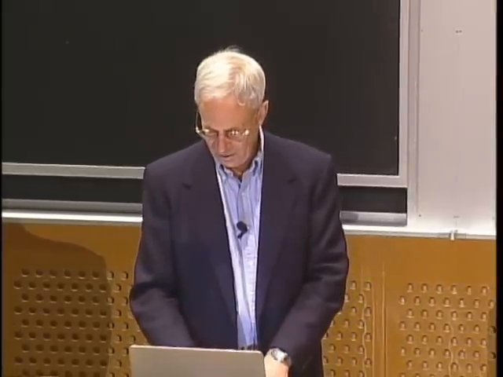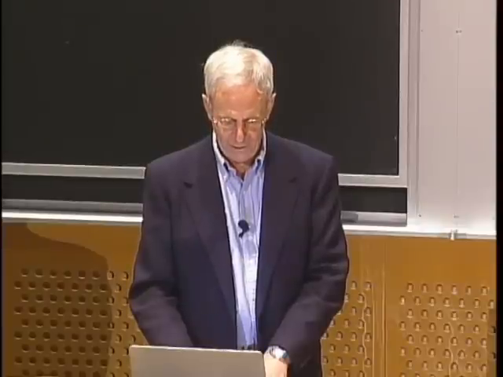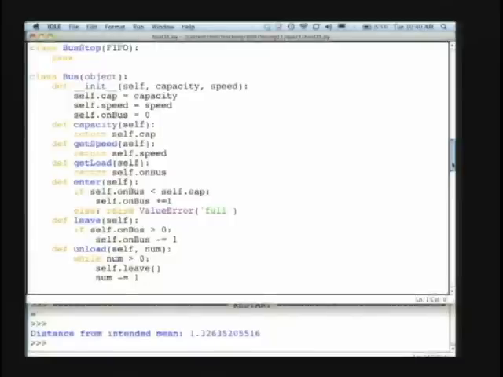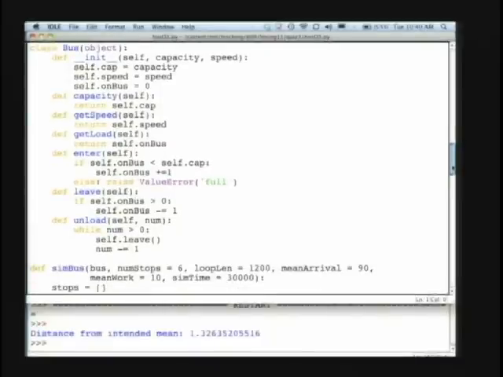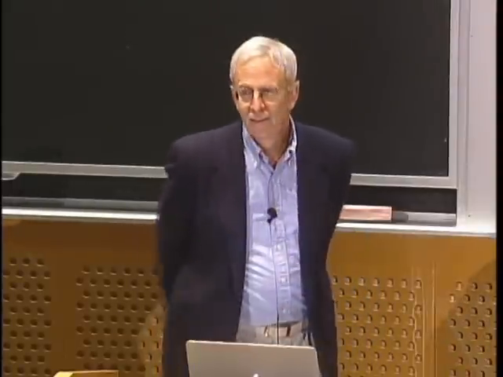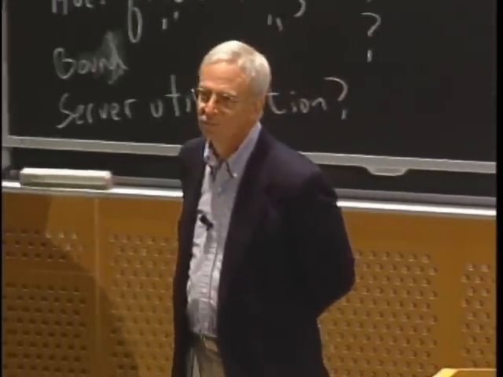All right, let's continue looking at the code. So now we've got bus stops, which are queues. We've got jobs. Well, we're going to have our server. And in this case, our server is a bus. Every bus has got a capacity, the number of people it's allowed to hold, and a speed.